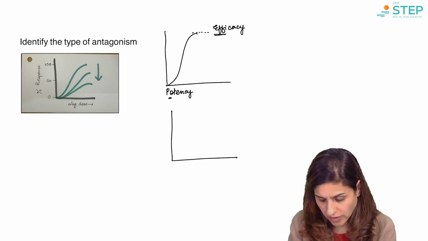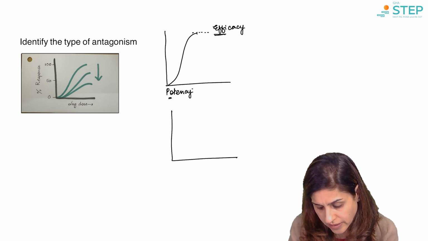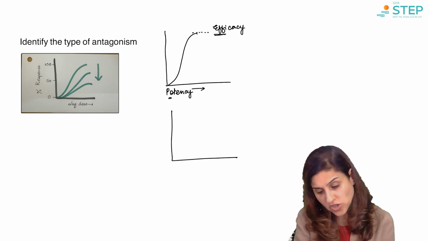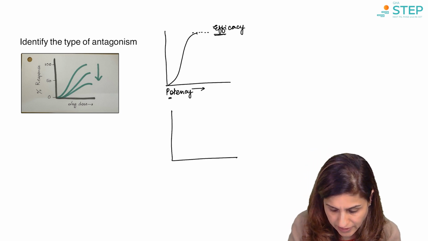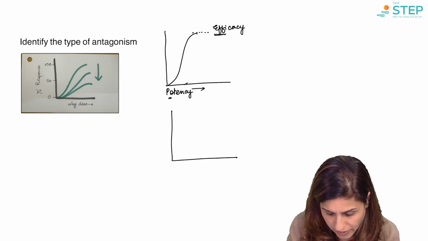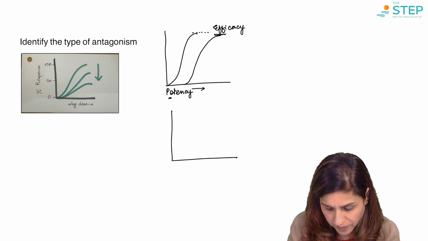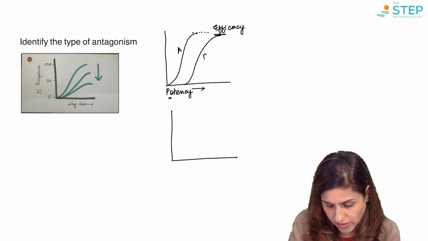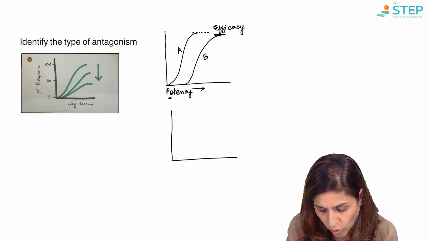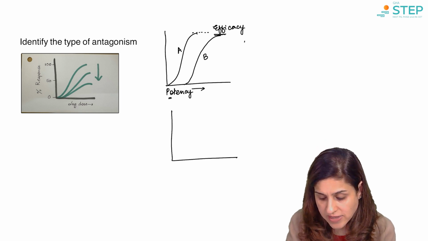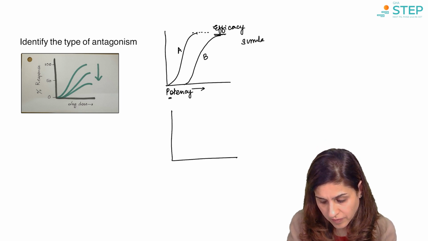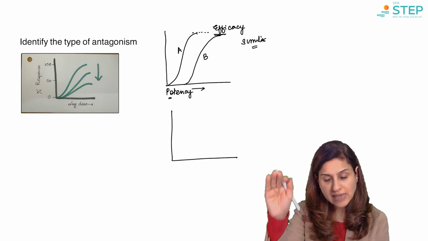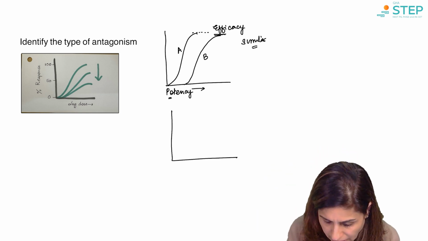So if there is shifting towards the right, let's say this is drug A and this is drug B. Now both drugs A and B have similar efficacy, right? Because the height is the same, they have similar efficacy, but you see the potency differs.